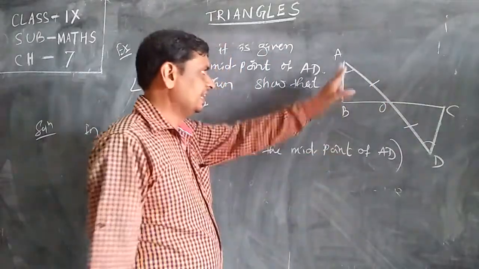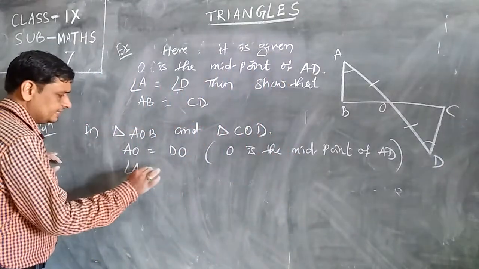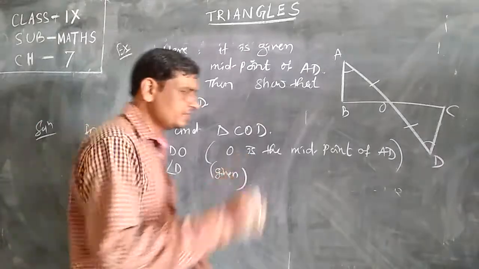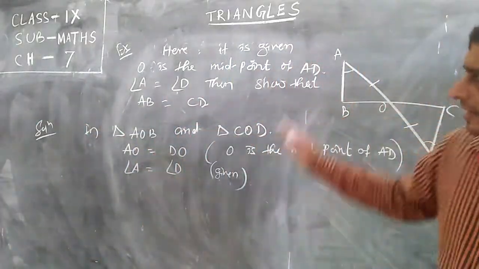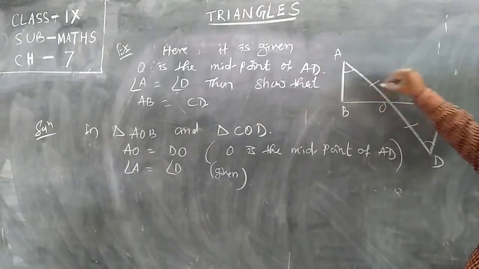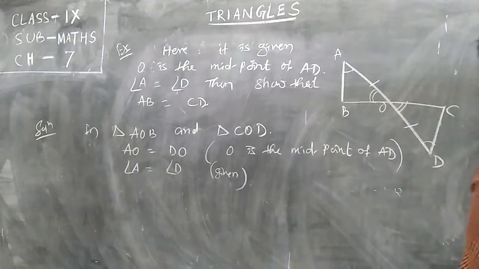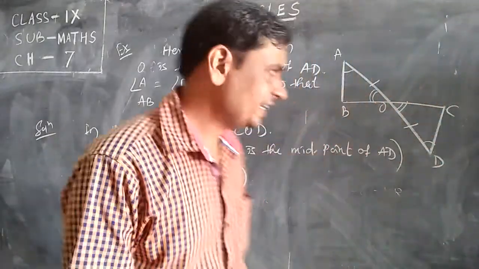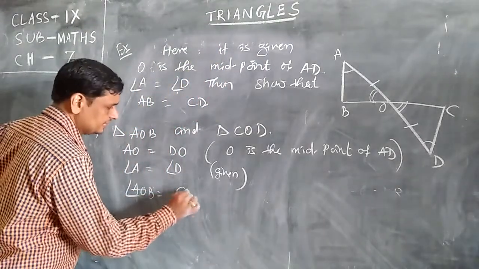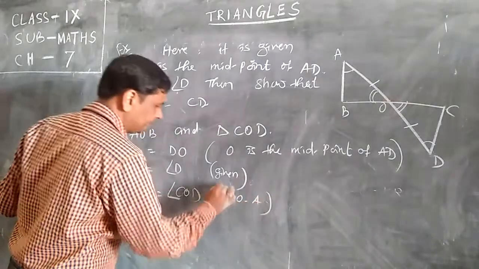Next, it is given angle A and angle D are also equal. Angle A is equal to angle D. It is given in the question. Next, angle AOB and angle COD are also equal because they are vertically opposite angles.